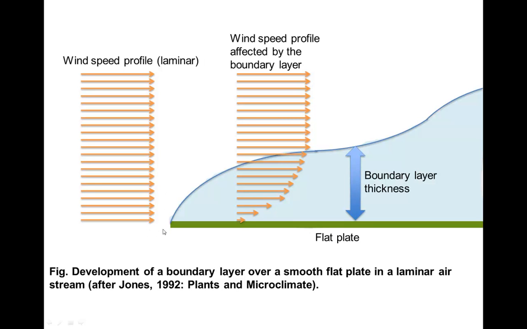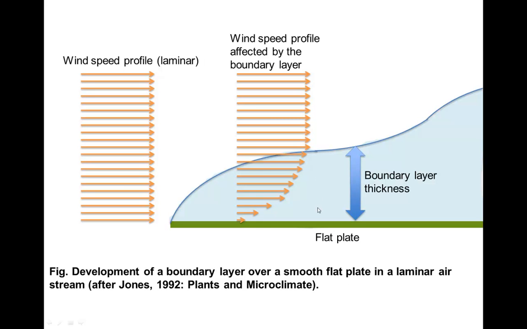Over the flat plate, because of the friction, because of the viscosity of the air, from a certain height the wind velocity is going to be reduced, reaching zero at the surface level. This layer showing reduction of wind velocity is called boundary layer.